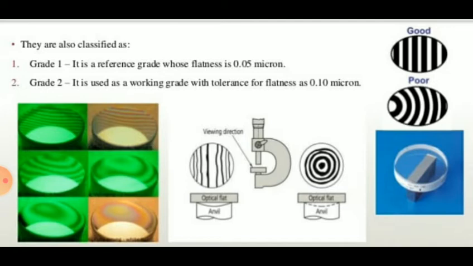You can see at the top the fringe pattern that is obtained, so that you can find out whether that surface is flat, convex, concave, like that. So according to the fringe pattern you can judge.